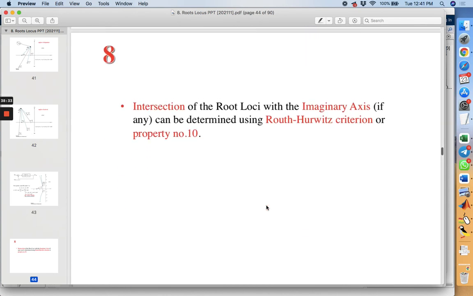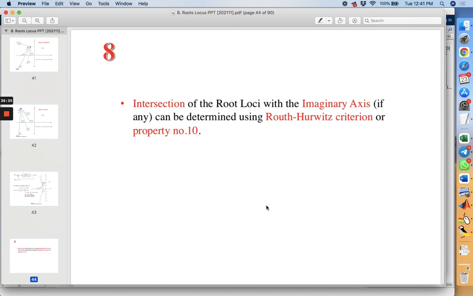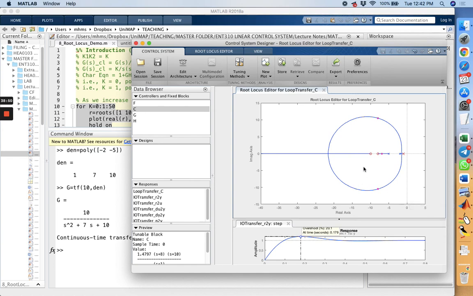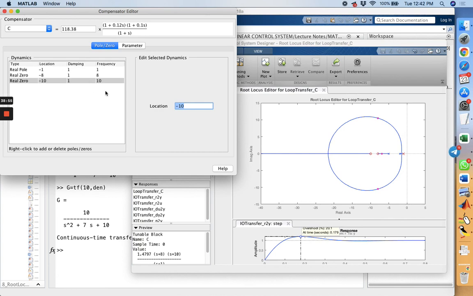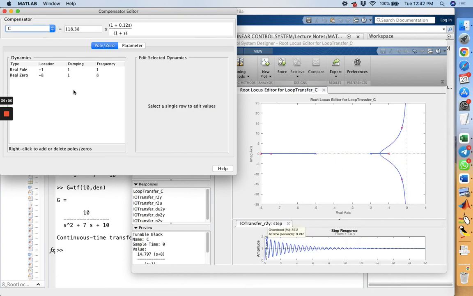Okay, so property number 8: the intersection of the root locus with the imaginary axis, if any, can be determined using the Routh-Hurwitz criterion or property number 10. You have learned the Routh-Hurwitz criterion for when a system intersects the j omega axis.